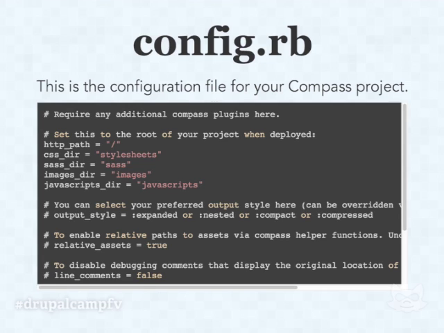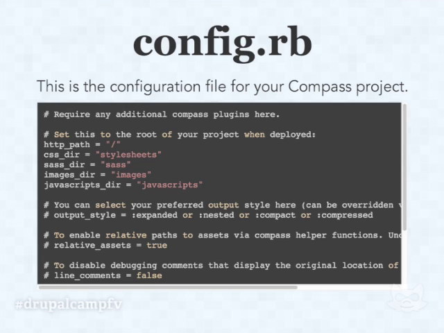You can also control the output style of the CSS. Expanded, nested, compact, or compressed, depending on if you're still building your project and reviewing it or about to push it into production. The relative assets line is one of my favorite little tricks that I'll show in a code example later. If I say relative assets is true, it makes remembering your image paths when you're writing your CSS a lot easier to do.